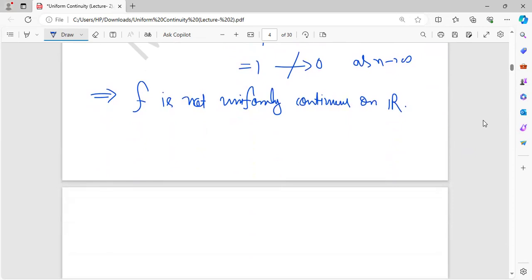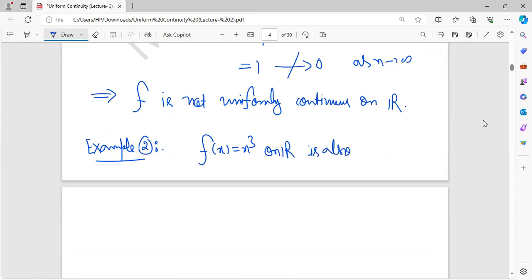Similarly, you see the second example. Example 2. Similarly, if we take f(x) equal to x cube on R, it is also not uniformly continuous on R. Okay, now what will be your choice of xn?